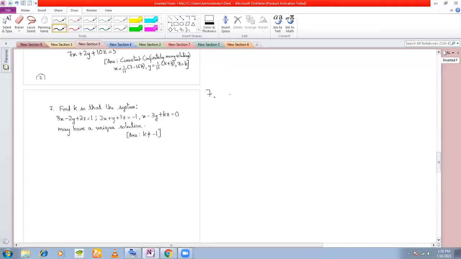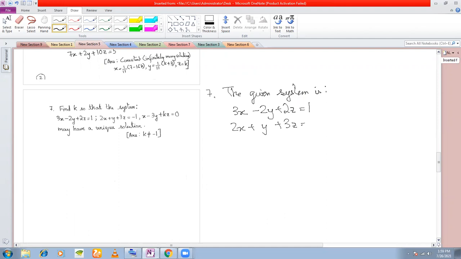Find k so that the system has a unique solution. Let's write the system first. Okay, we form the matrices now.